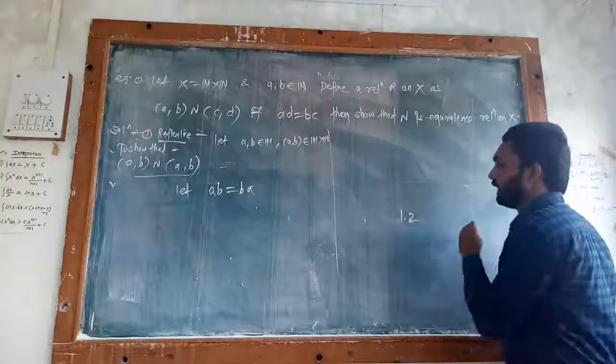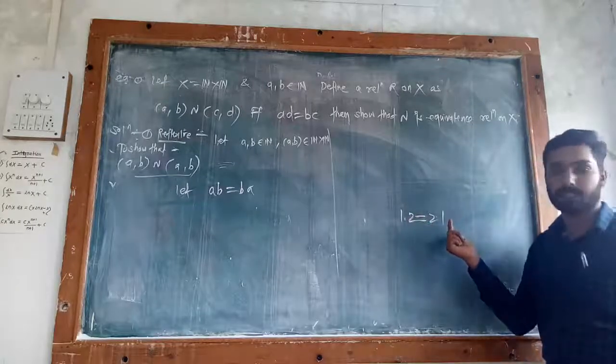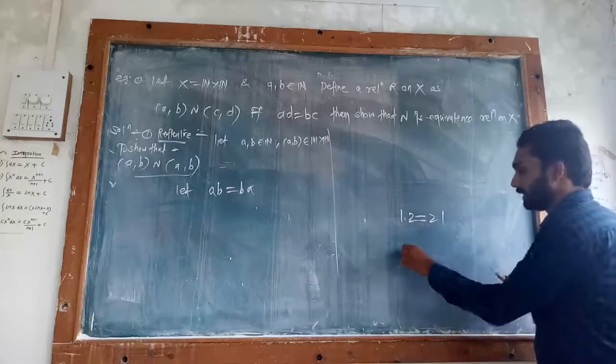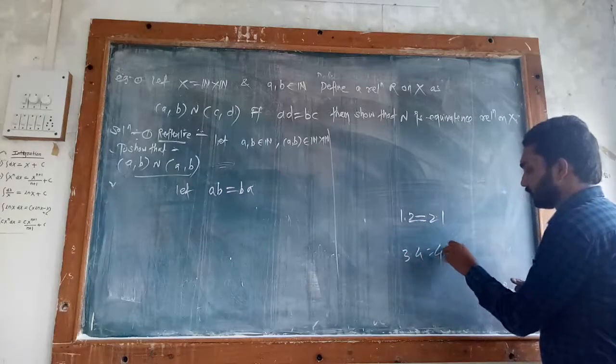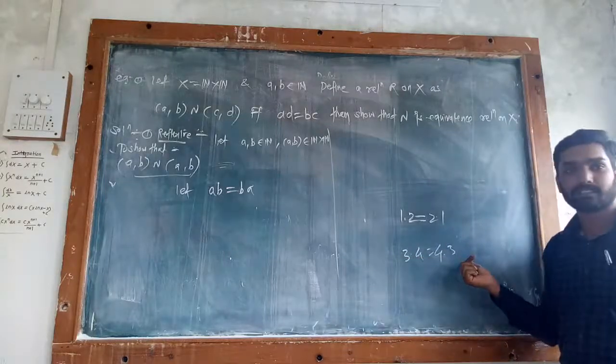That means 1 into 2 is 2 into 1. That is, multiplication is commutative. Because 1 into 2 is 2 and 2 into 1 is also 2. So both are equal, right? 3 into 4 is also 4 into 3. So multiplication of two numbers is commutative.